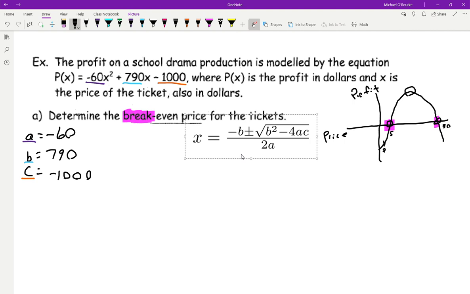Because I want you on your piece of paper to put the numbers into the quadratic formula. That way you can kind of double check, instead of seeing me all the time, and say, oh, I did it right or I did it wrong.